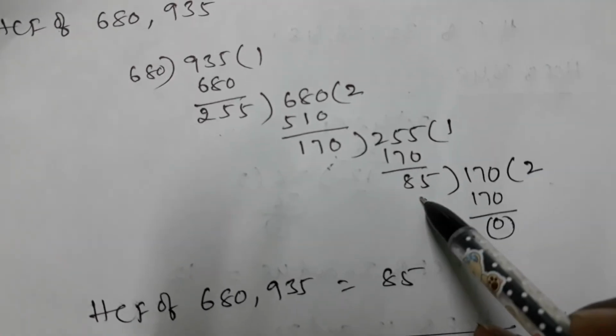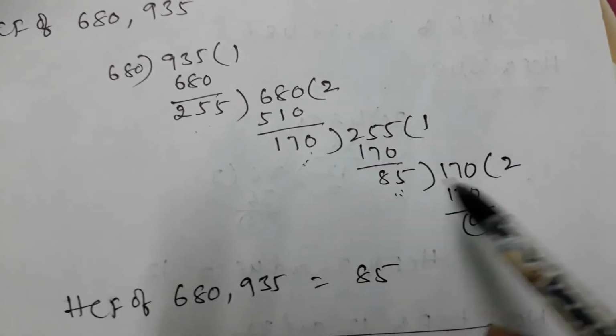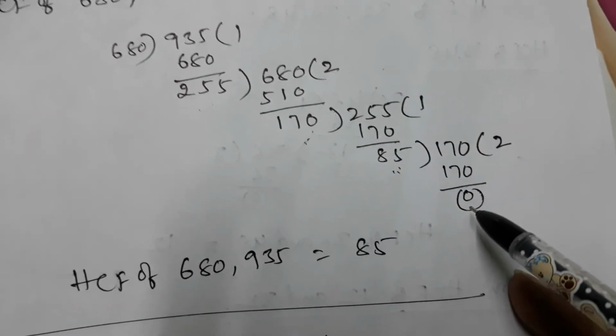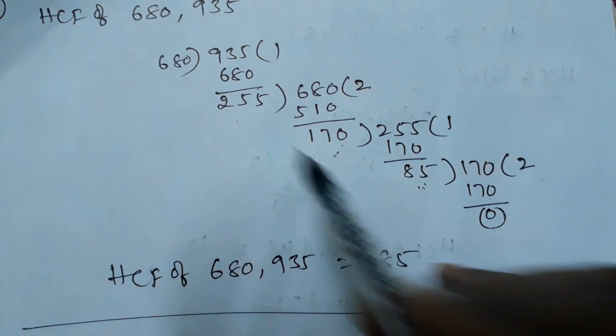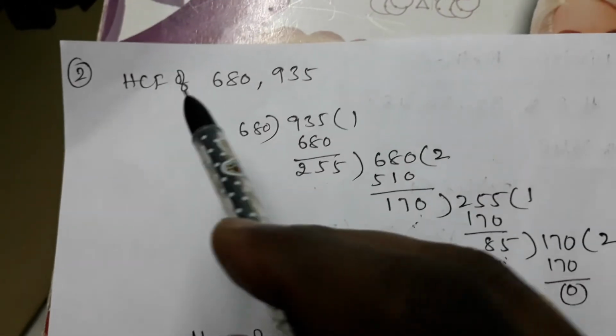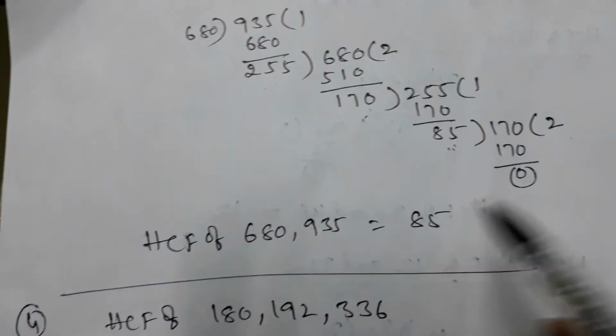Finally you get remainder 0. Until you get remainder 0, go on continuously with this process. The final divisor is the HCF of the given numbers, not a quotient. That final divisor is the HCF.